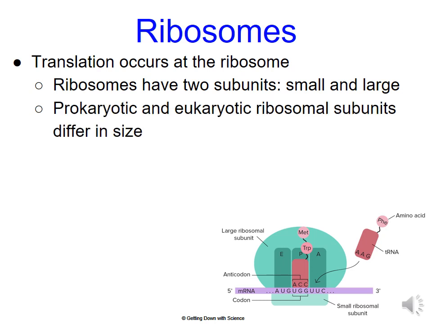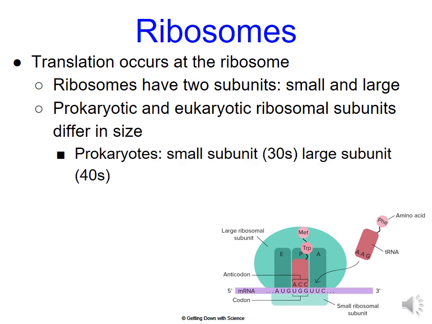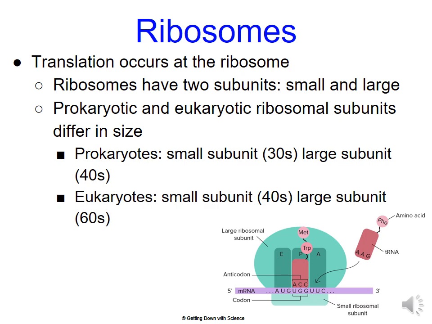The prokaryotic and eukaryotic ribosomal subunits will differ in size, so they're not going to be exactly the same, but they both have ribosomes. In prokaryotes, the small subunit is about 30S and the large one is 50S, whereas in eukaryotes, the small one's about 40S and the large one's about 60S. Okay.